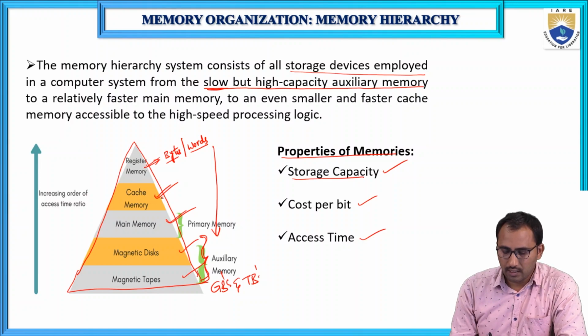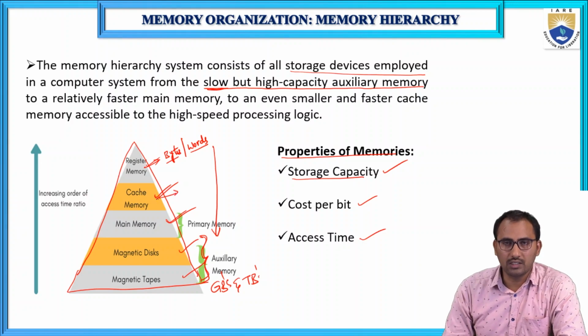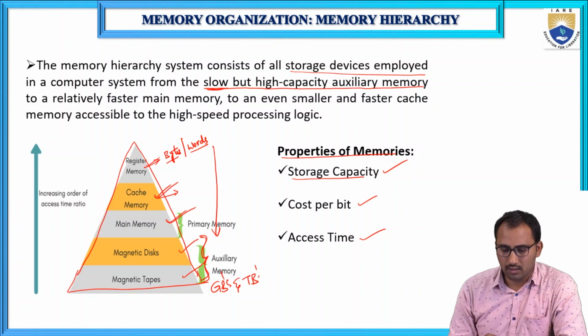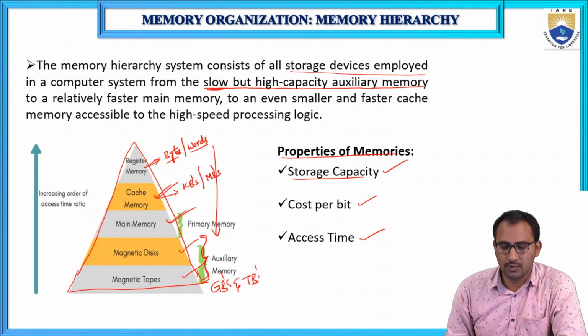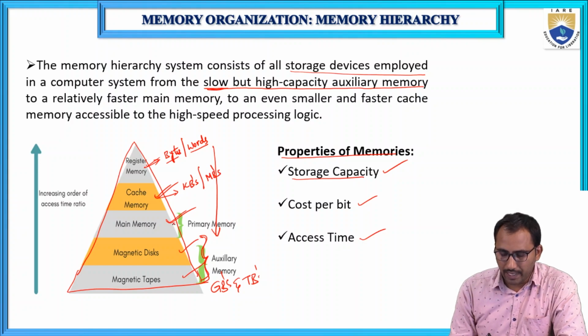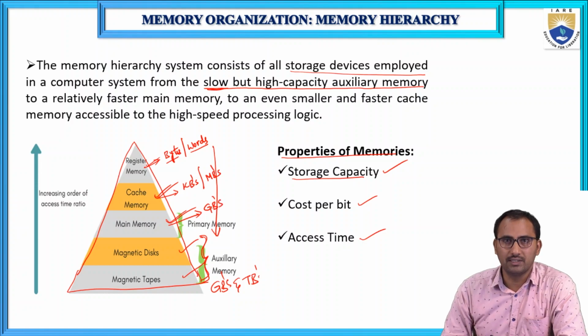So we can store only bytes or words of information using the register memory. After that, cache memory is available with a storage capacity of some kilobytes or megabytes. Next, main memory: its storage capacity is available in some gigabytes, GBs.